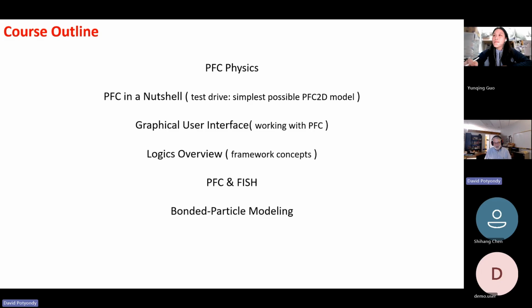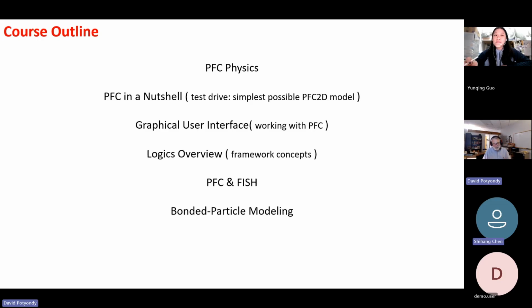It's the way that we're going to be doing more sophisticated things with PFC. So if you want to implement your own algorithm, you're going to be able to do that by writing code in Fish. Does that make sense? Yeah, of course. So you need to understand a little bit about Fish.